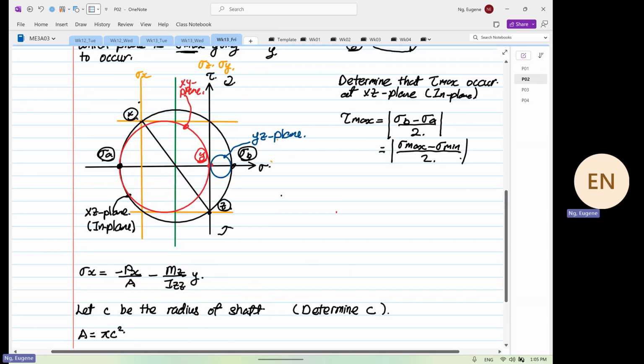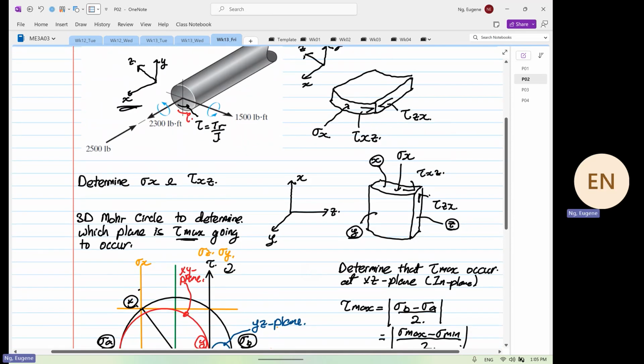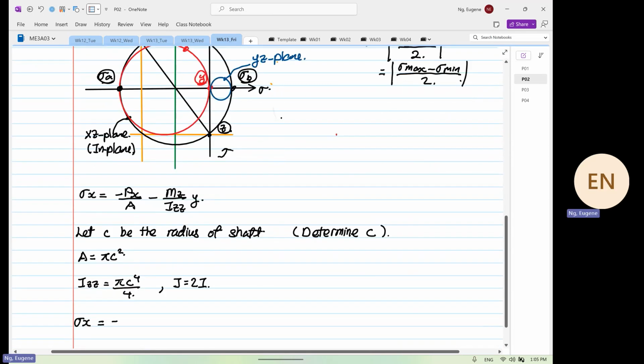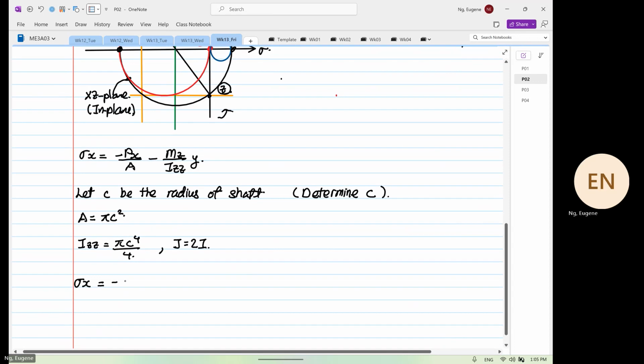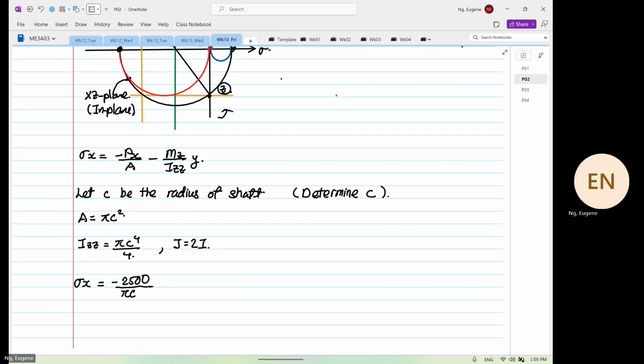So Px is equal to 2500 divided by pi c^4 over 4. Now I don't want to integrate the pi into it because I need to deal with decimal places. I just leave pi as pi.